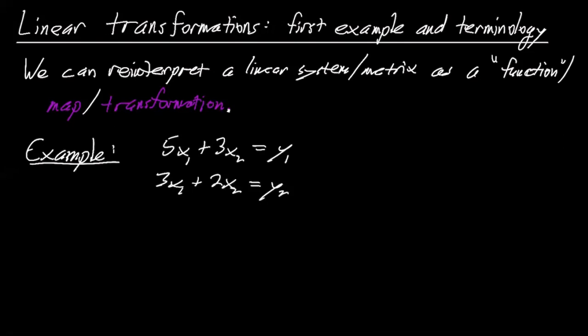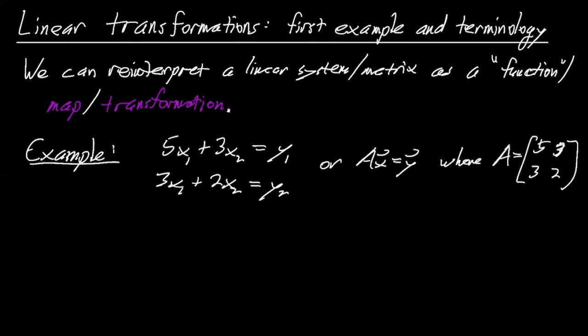So this shouldn't be out of left field. We can rewrite this as AX equals Y, where A is the 2x2 matrix with columns 5, 3, and 3, 2, X is the vector X1, X2, and Y is the vector Y1, Y2.